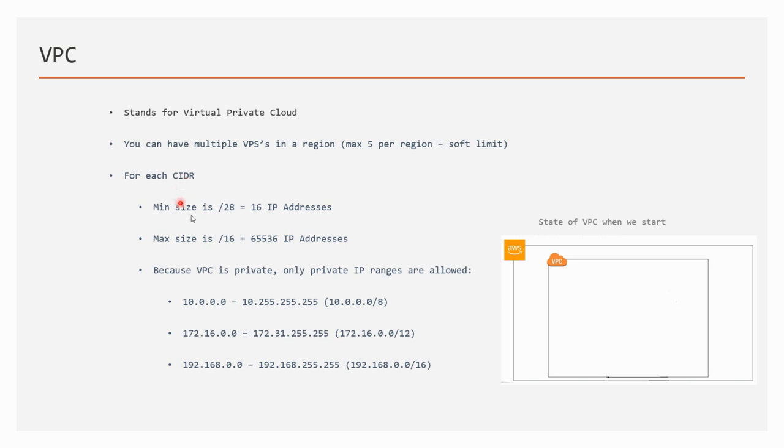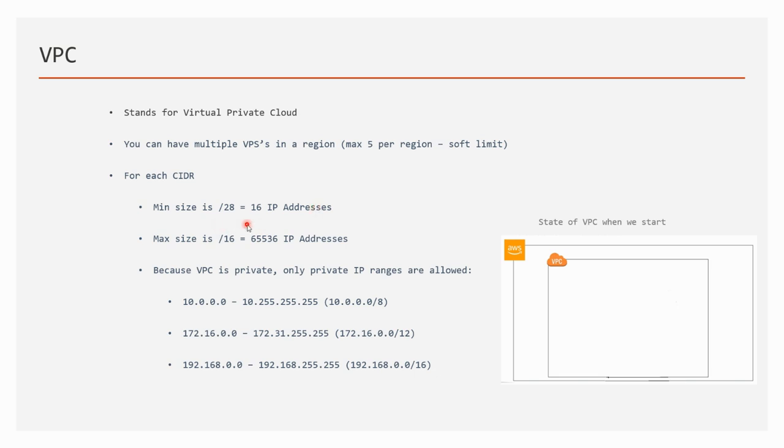The minimum size of the CIDR that you can give in an Amazon VPC or subnet is a /28, which consists of 16 IP addresses, and the maximum is /16. 16 IP addresses means this many EC2 instances or whatever resources can be given.